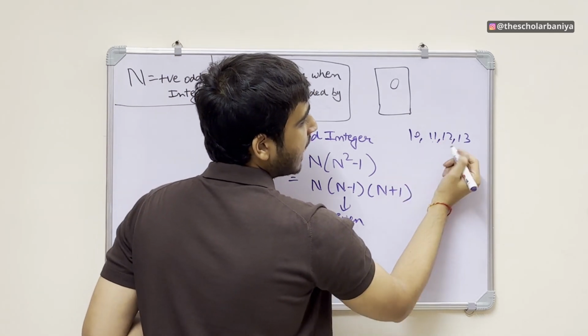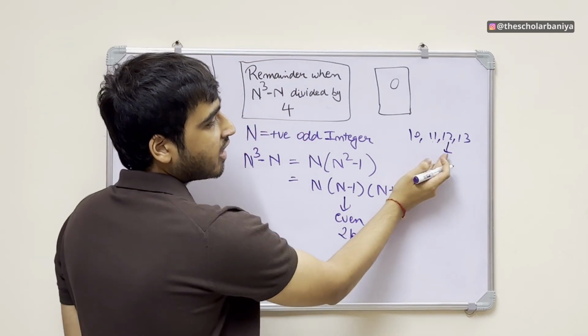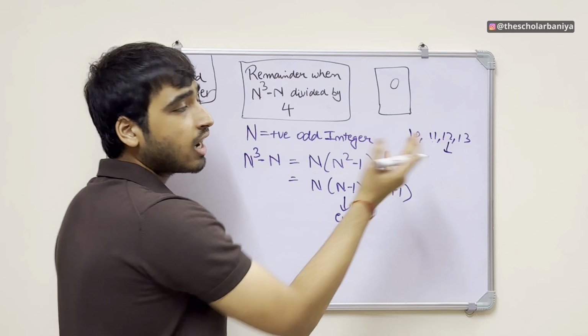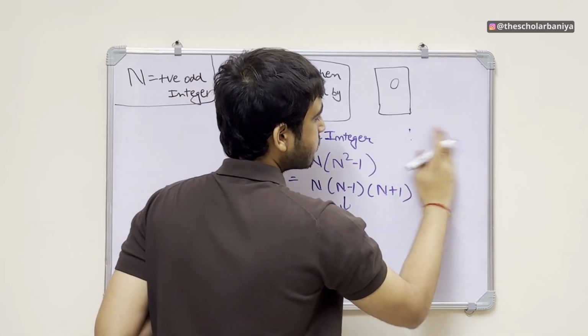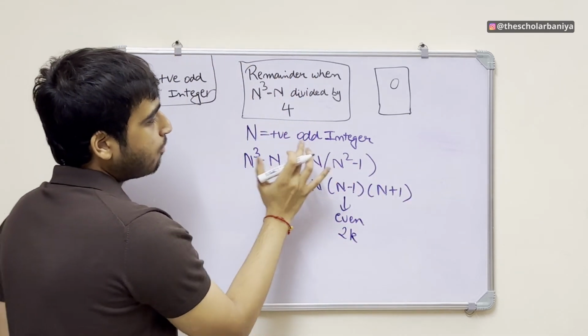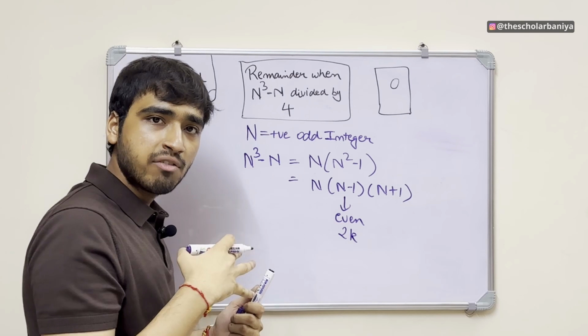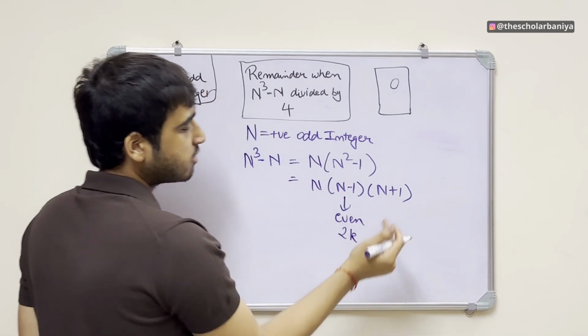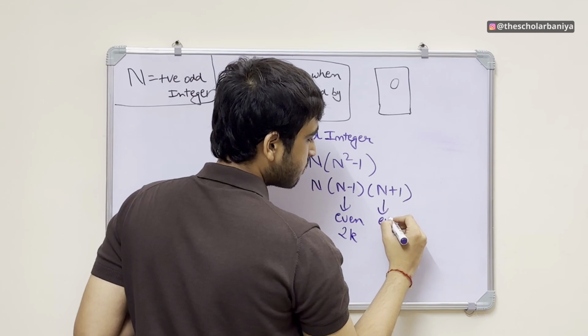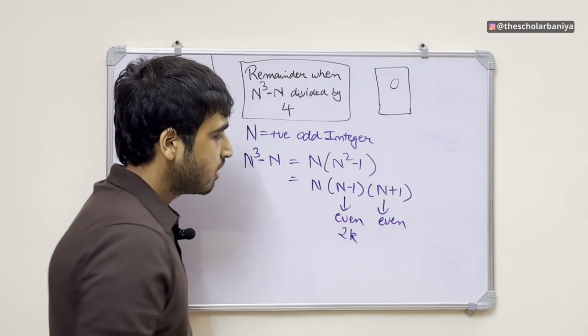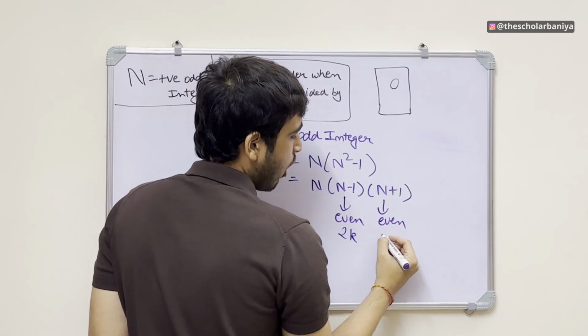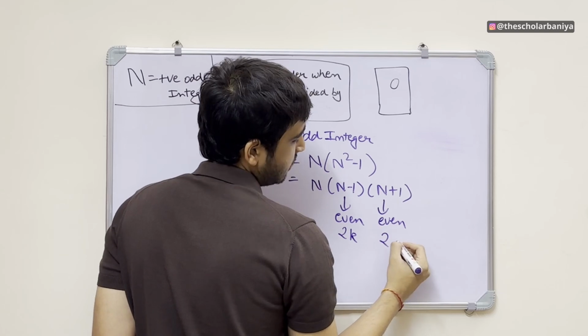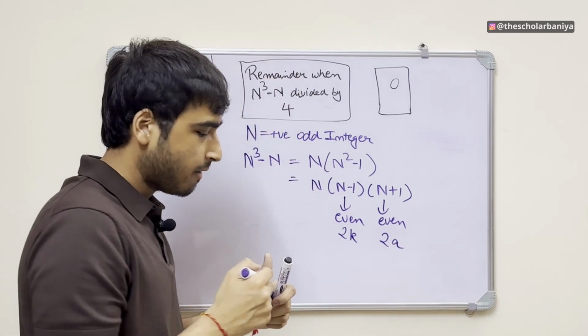If instead we had taken an even number, then one number before that will be odd and one number after that will be odd, right? So if n is a positive odd integer, one number before that, n minus 1, will be even, and one number after that, n plus 1, will also be even, right? So maybe this can be of the form, for example, 2a, right?